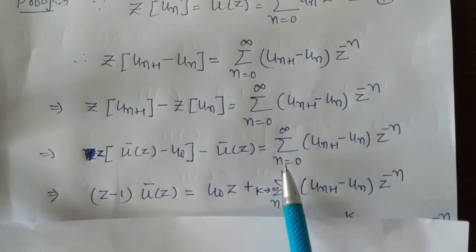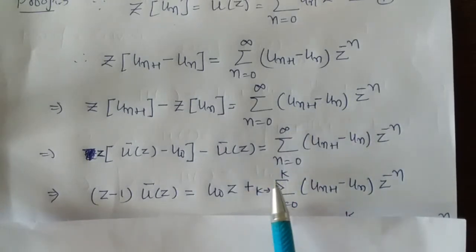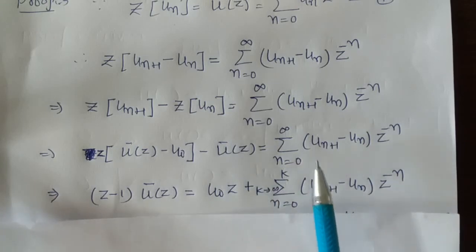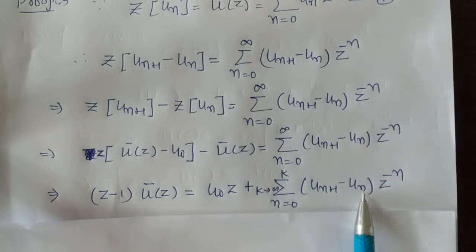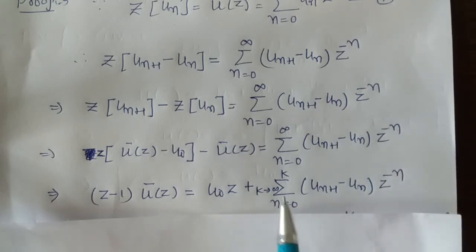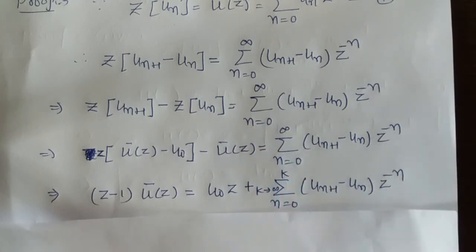here the limit of summation is from 0 to infinity. So we express this limit as 0 to k, and k tends to infinity. So we have 0 to infinity of un plus 1 minus un multiplied by z power minus n. So here n equal to 0 to k and k tends to infinity gives n is 0 to infinity.